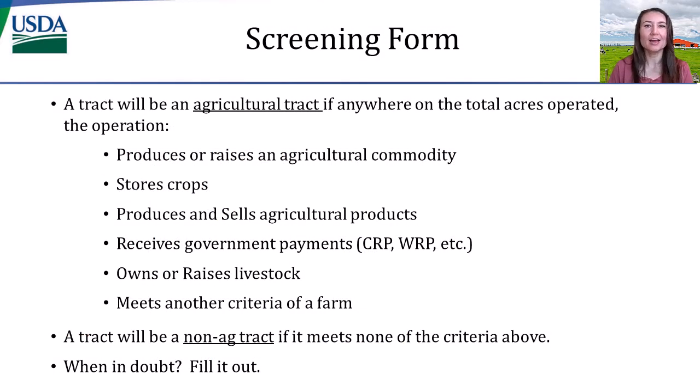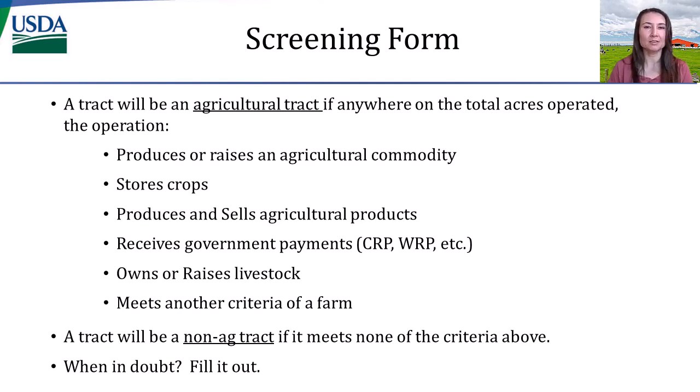In summary, a tract will be an agricultural tract if anywhere on the total acres operated, the operation produces or raises some type of agricultural commodity, stores crops, produces or sells agricultural products, receives government payments, such as from CRP or WRP programs, owns or raises livestock, or meets some other criteria for agricultural activity based on the screening questions.